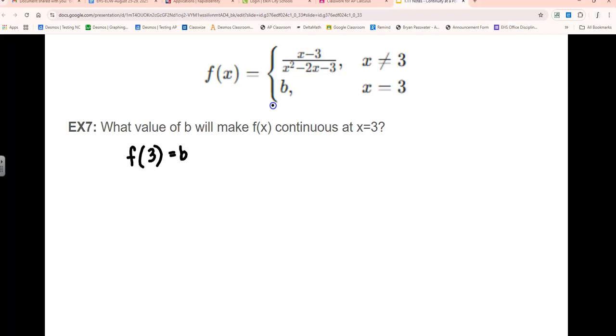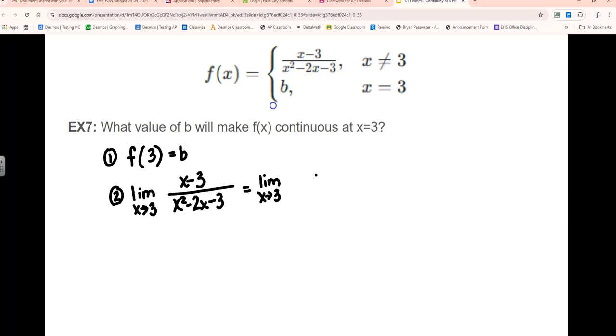So what I'm going to do is just do a double-sided limit on that one. That's like my step 1 here. This is my step 2. We're doing limit as x approaches 3 of x minus 3 over x squared minus 2x minus 3. And how do I do a limit of a rational function like that? I'm going to factor, so I'm going to have x minus 3 on top.